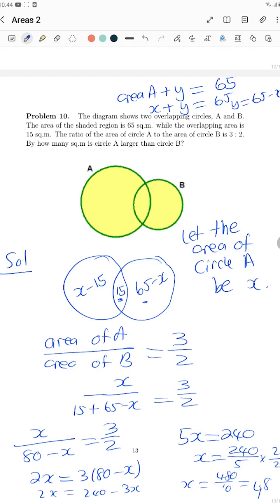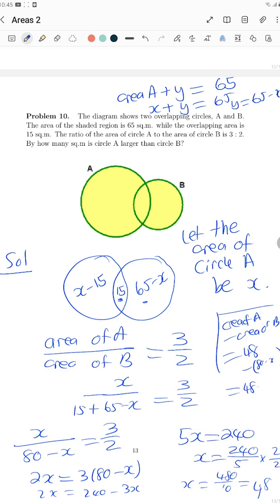And now we're in business, because now we know that the area of A minus the area of B will be the area of A, which is 48, minus the area of B, and the area of B we said earlier is 15 plus 65 minus x, which is 80 minus x.